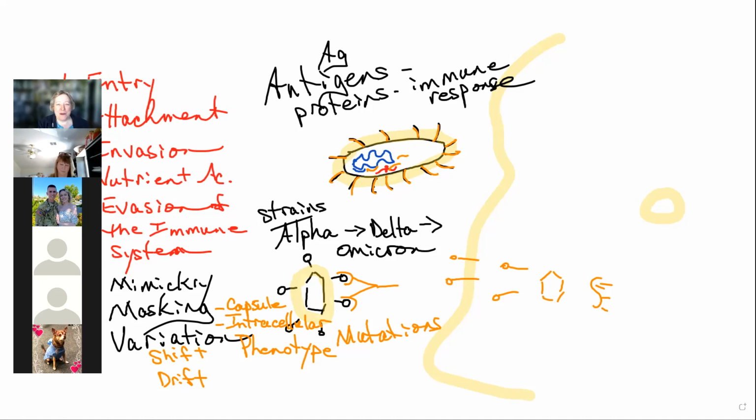Now, mimicry is where it gets kind of scary. That's where they produce antigens that are the same as yours. They look like human antigens.